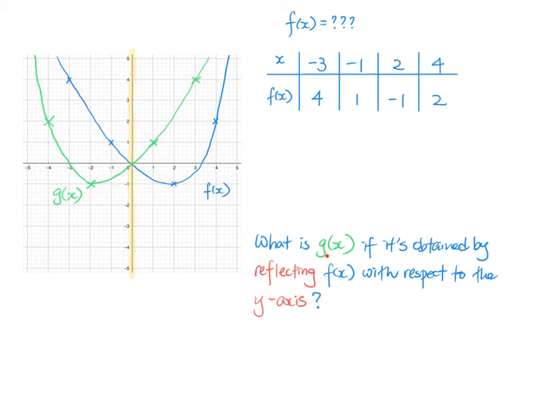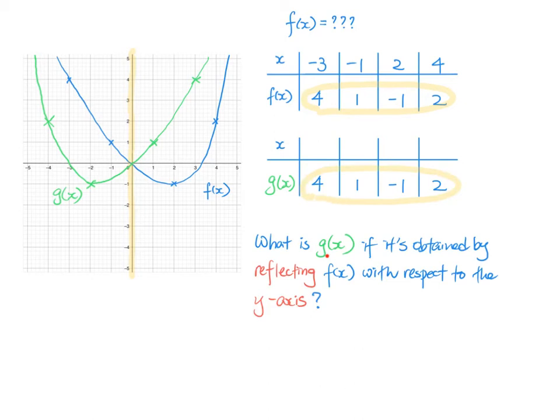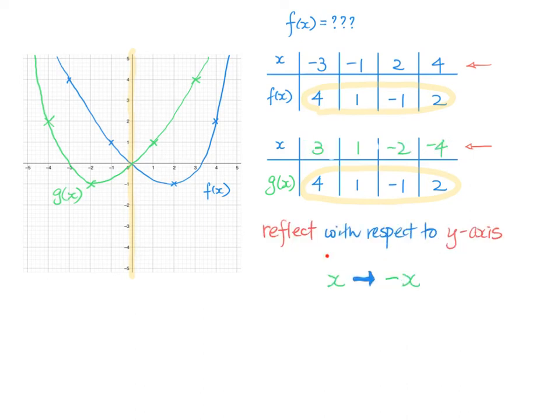But algebraically, how is g of x related to f of x? Now if you look at the reflection points, you can see that for each pair, the y positions are exactly the same. It's just that for the individual points, all the x values have become negative, like this, okay? And so whenever we reflect a function with respect to the y-axis, the x values will all become negative x.